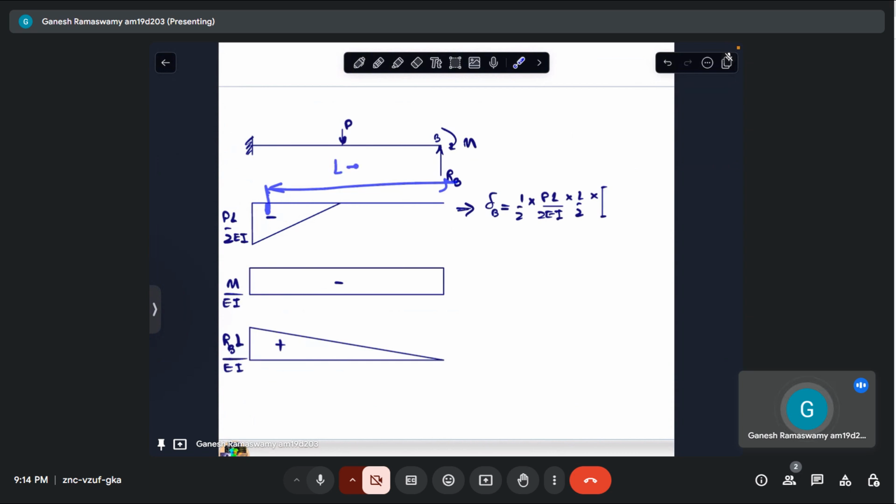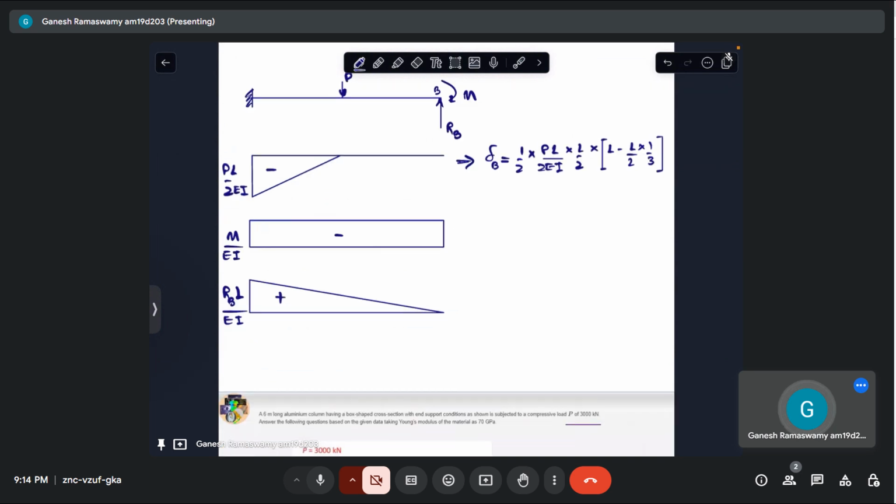It will be L minus 1/3 of this length, which is L minus L by 2 into 1 by 3. So this is the first deflection due to P, I should say.